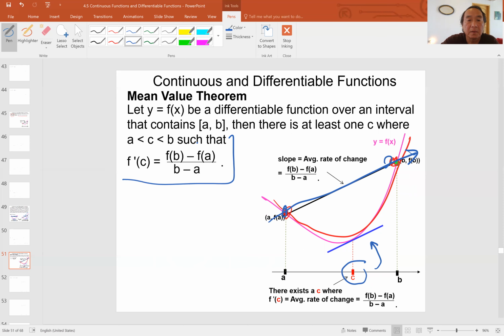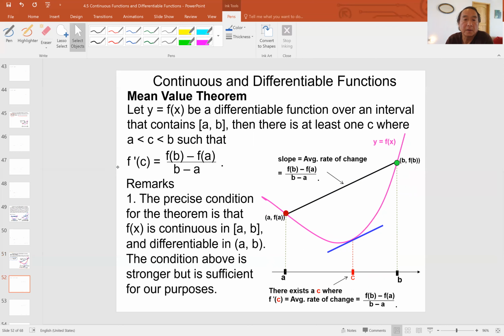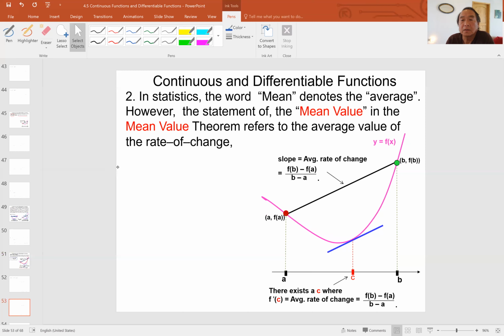In other words, f prime of c is equal to the difference quotient of the endpoints. It has to be differentiable. Continuous is not sufficient. You might have a pinch point. So this is called the mean value theorem.